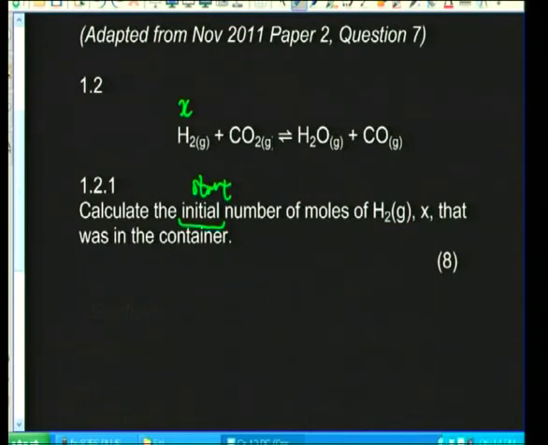Calculate the initial number of moles of hydrogen gas, X, that was in the container. Now the best way to do this is to set up a table so that we can analyze each of the reactants and the products in a systematic way.